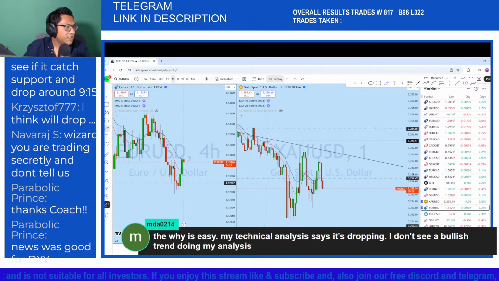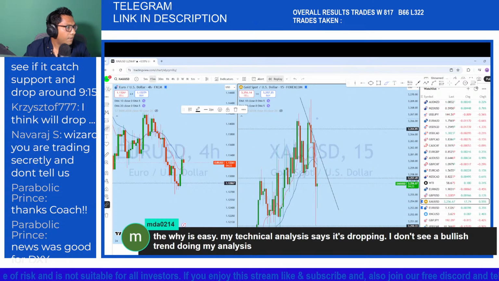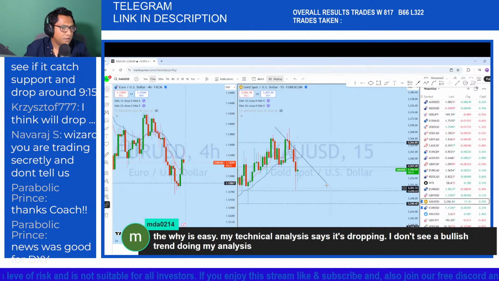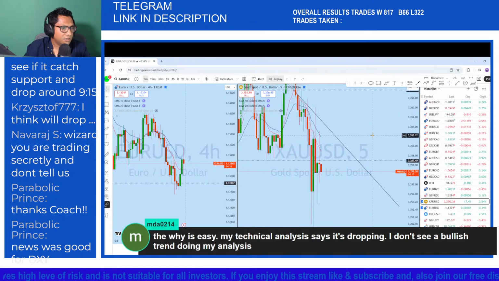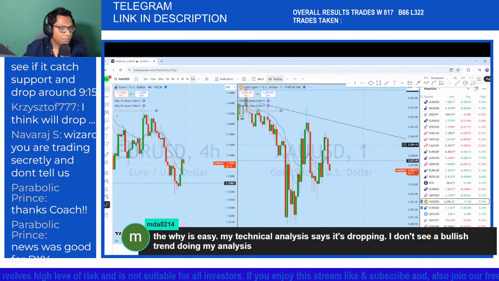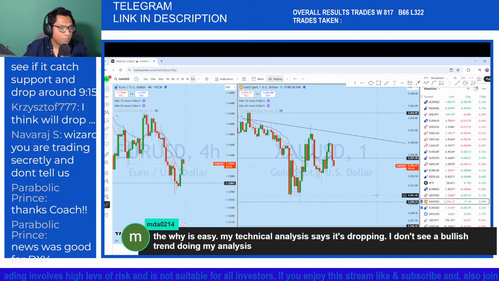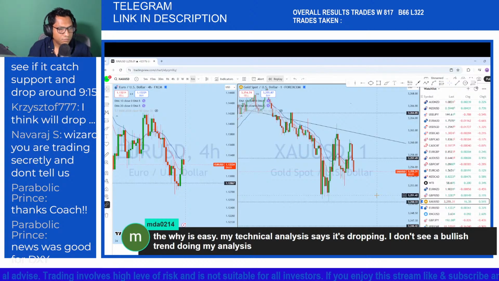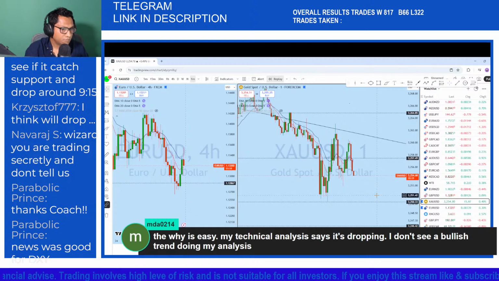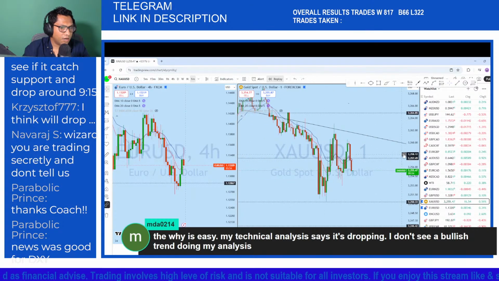And looking at XAU USD, that's where you can see the lower time frame. Now looking at this lower time frame on XAUUSD, we can see the 5 minutes. There is a doji, forming a series of lower highs.